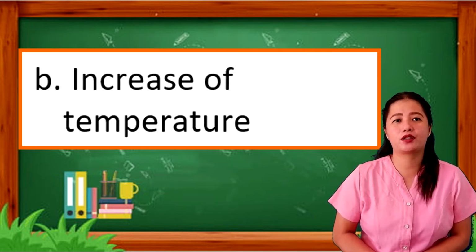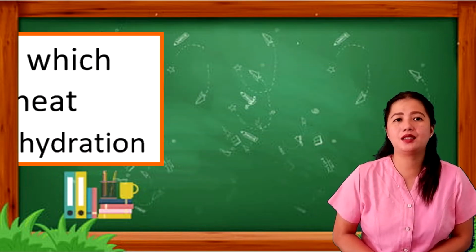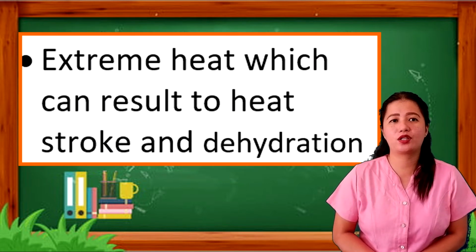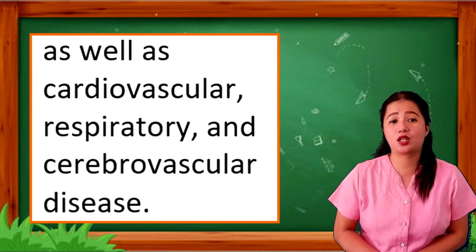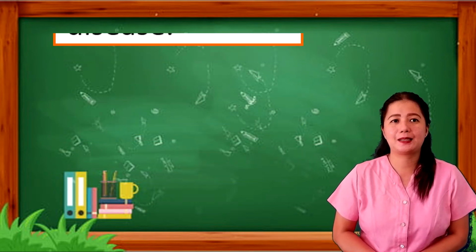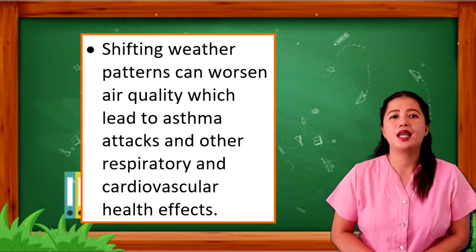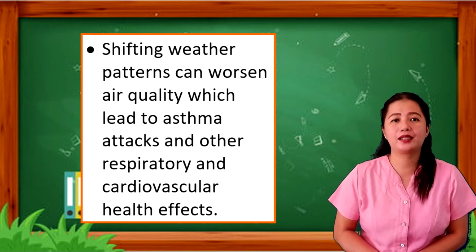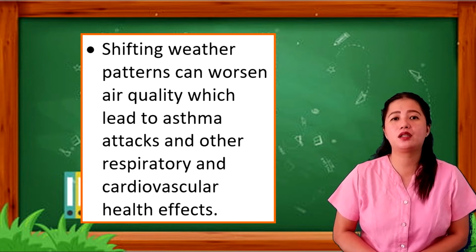Increase in temperature and extreme heat can result in heat stroke and dehydration, as well as cardiovascular, respiratory, and cerebrovascular disease. Shifting weather patterns can worsen air quality, which leads to asthma attacks and other respiratory and cardiovascular health effects.